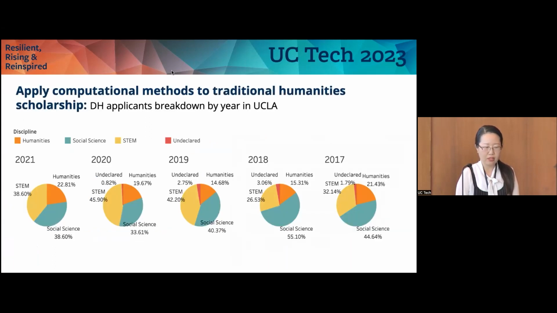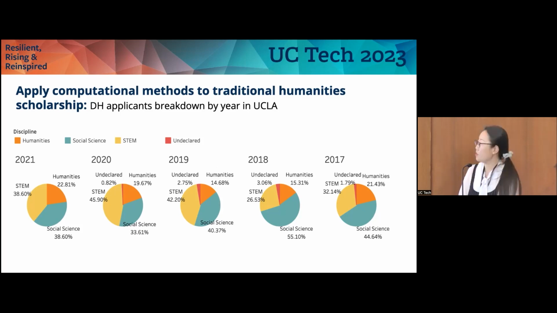The next point: digital humanities, although it is humanities, actually attracts a lot of people from outside of humanities, because research is quite interdisciplinary now. Many students and researchers in social science and STEM fields are very interested in digital humanities too. UCLA has a digital humanities minor, and this is their student makeup every year.